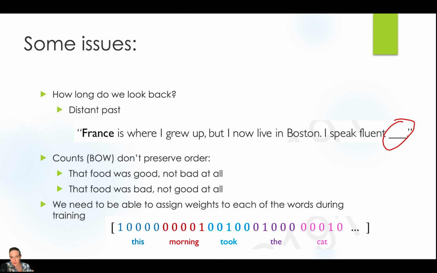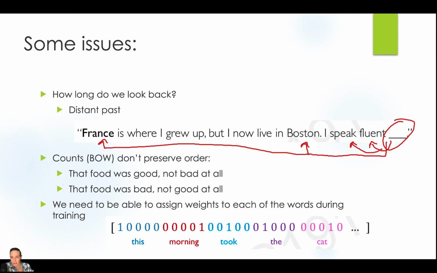I speak fluent... If we look back, let's say two words, you can derive that you need to fill in a language here: English, German, Dutch. We actually need to look back quite far, to the beginning of the sentence, to derive that we might fill in English or French.